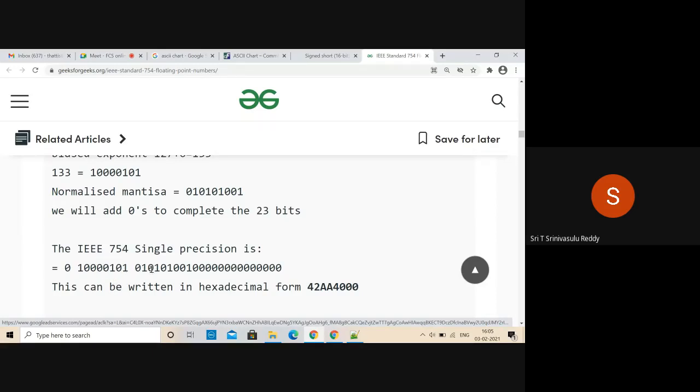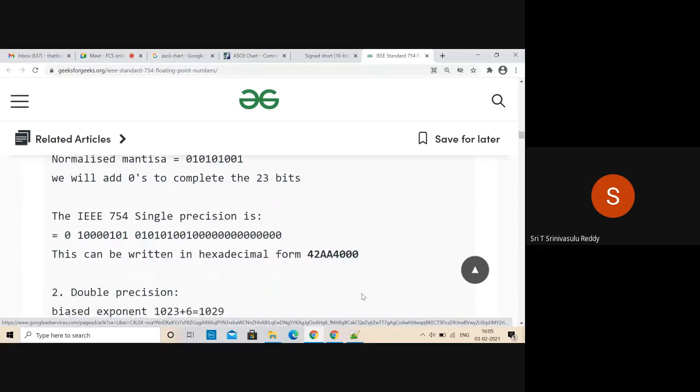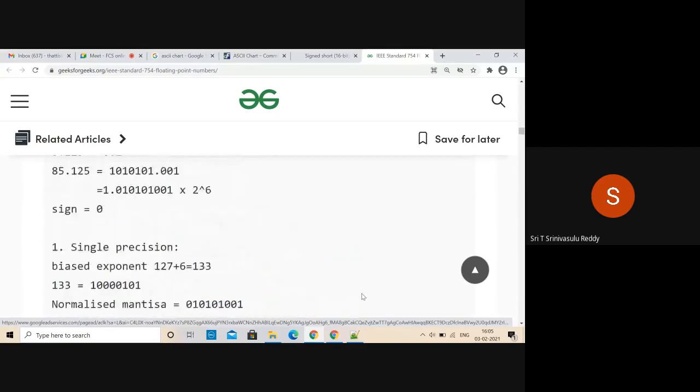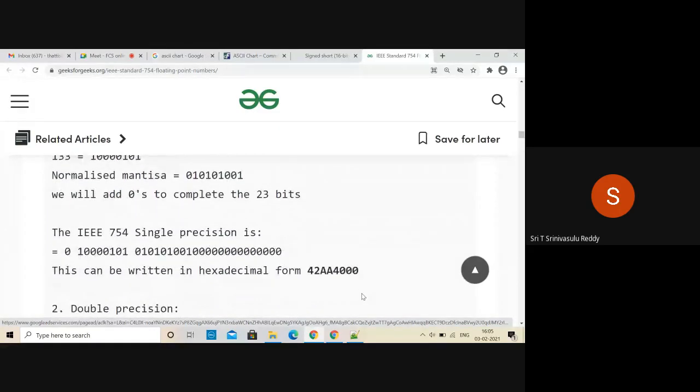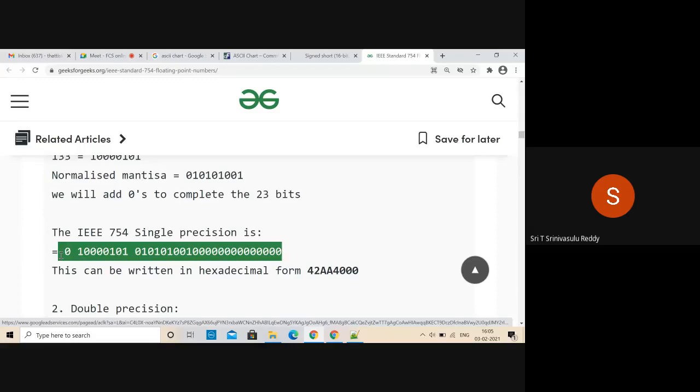And the next 4 is going to be this: 1, 0, 1, 0 is nothing but 8 plus 2, which is 10. 10 in hexadecimal is A. So 4, 2, A, 4, 0. This is how 85.125 is internally represented in this form by using single precision.